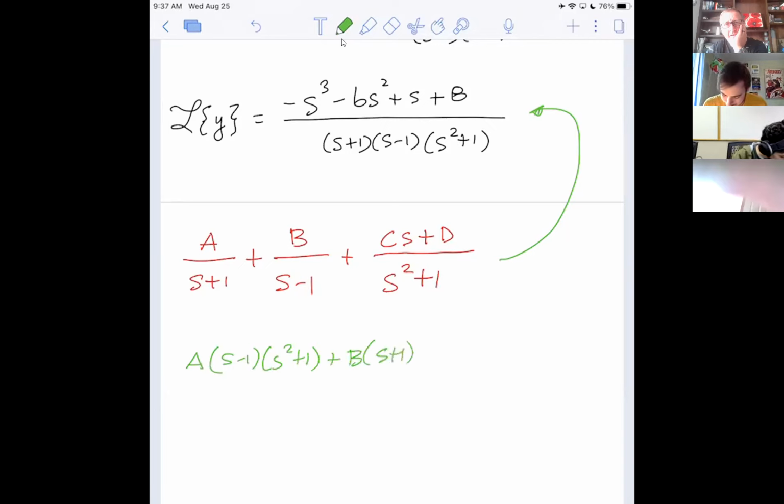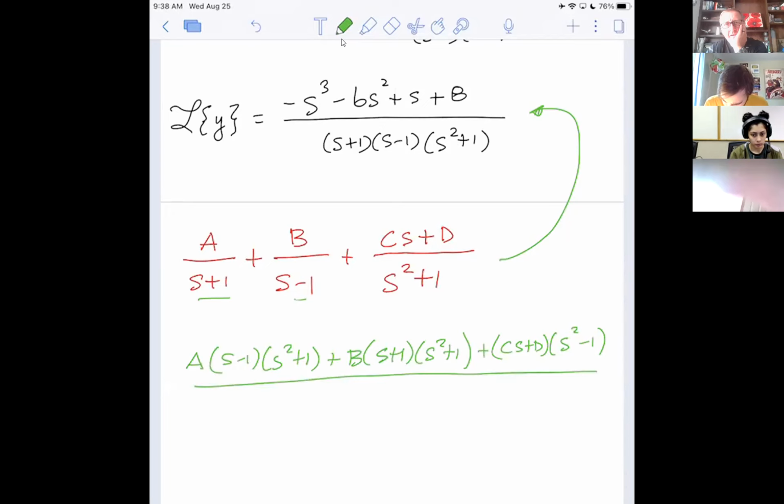It doesn't have an s plus 1 and it doesn't have an s squared plus 1. What does the Cs plus D not have? It doesn't have an s plus 1 and an s minus 1, which I suppose I could write as s squared minus 1. Is that too dangerous? Not dangerous, but is it? You got that? I'm just multiplying those two together all at once. And so that's over my now common denominator.